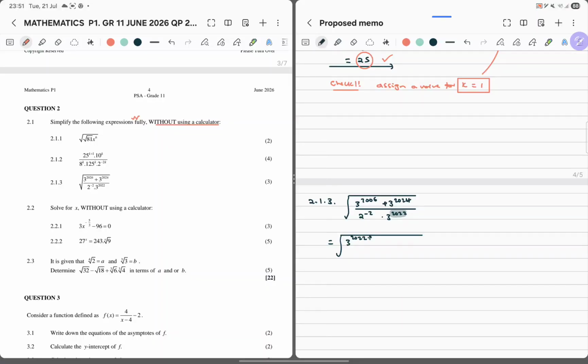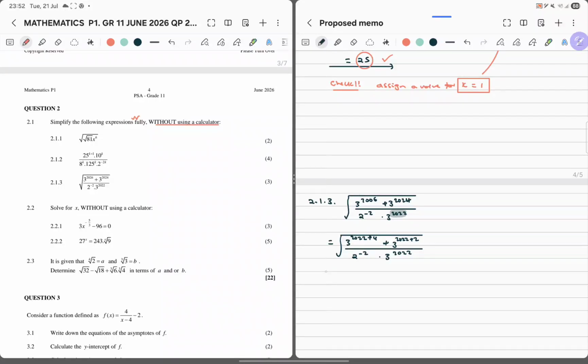Now to get to 6, we add 4, right? Plus 4. And then plus 3 to the exponent 2022. To get to 4, we add 2. All divided by 2 to the minus 2 times 3 to the 2022.